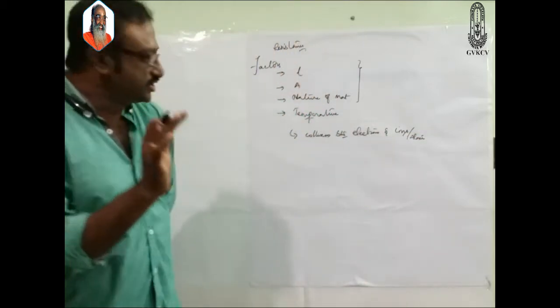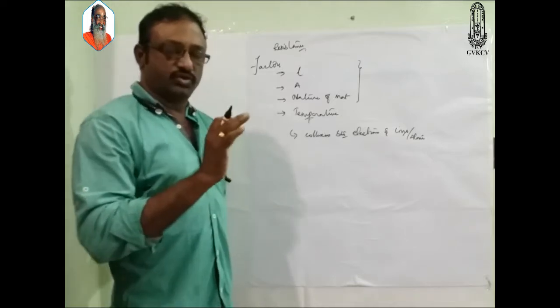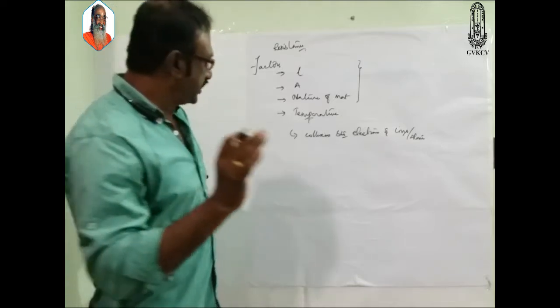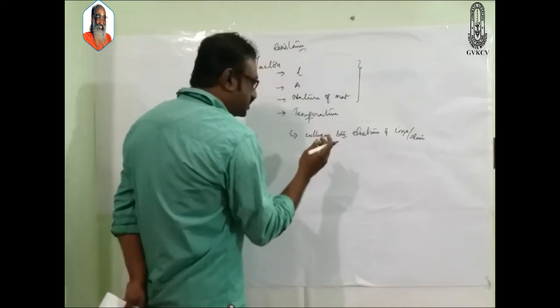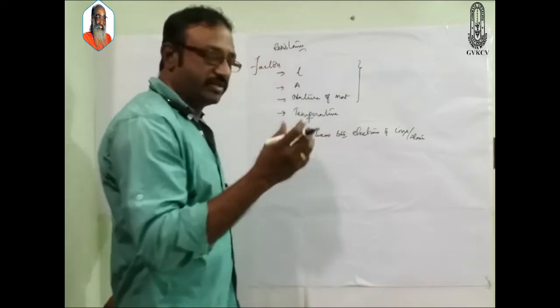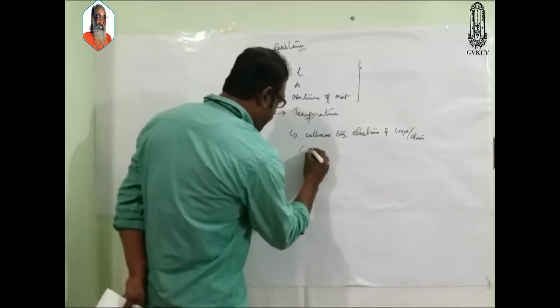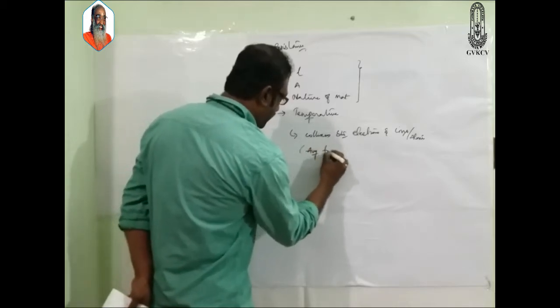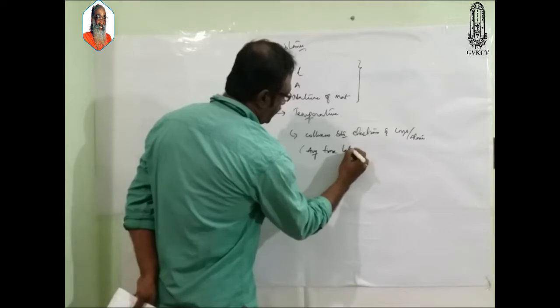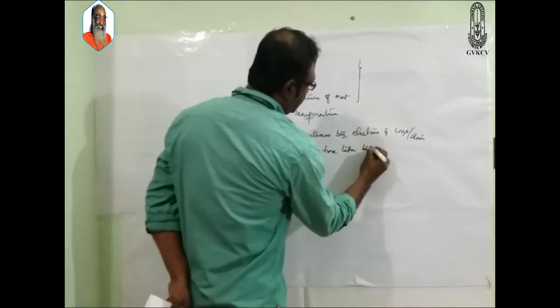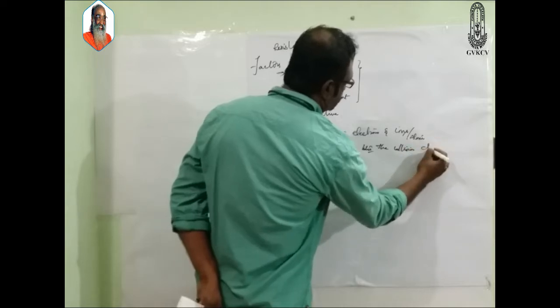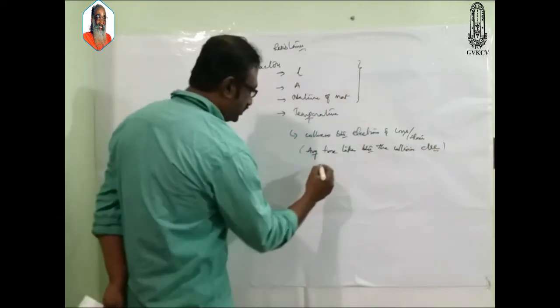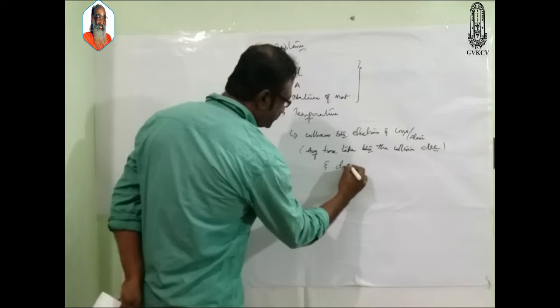That means the agitation increases. So when this collision increases, the time taken between the collisions, the average time taken between the collisions, decreases, and there will be a change in the drift speed also.